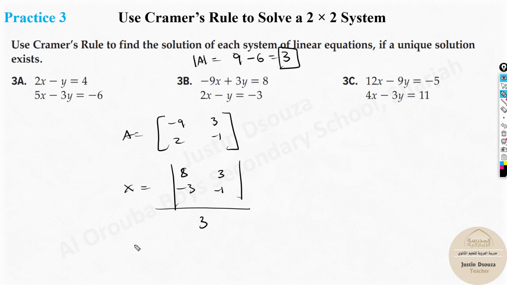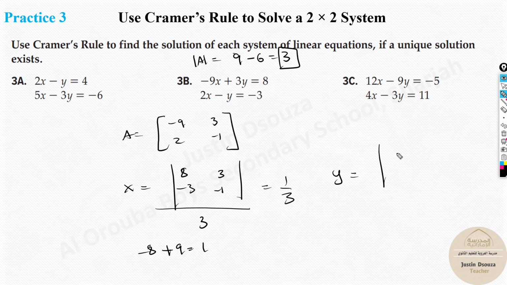Now find the determinant over here. It'll be 8 times minus 1 is minus 8, minus of minus, over here again 3 times 3 will be minus 9. So I'll make it plus 9. Why? Because already for the determinant you have minus in between these two terms, and over here there is minus, it becomes plus. And now the answer is 1. So x is 1/3.